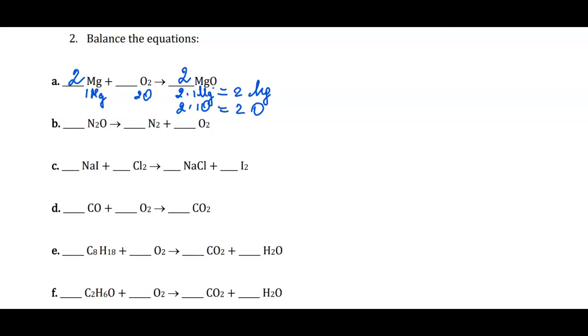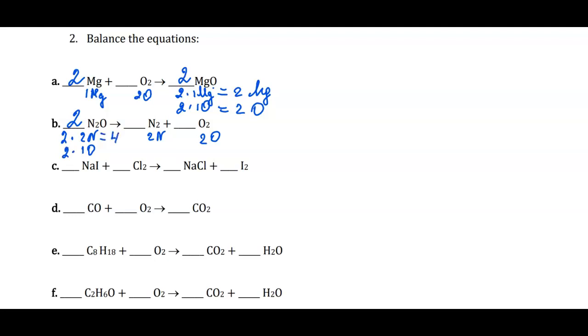So the next one, N2O. 2N, 1 oxygen here, 2N and 2 oxygen here, right? And you can see oxygen is not balanced, right? 1 and 2 here. We need an additional 2 in front of N2O. That gives us 2 multiplied by 2 and 2 multiplied by 1.